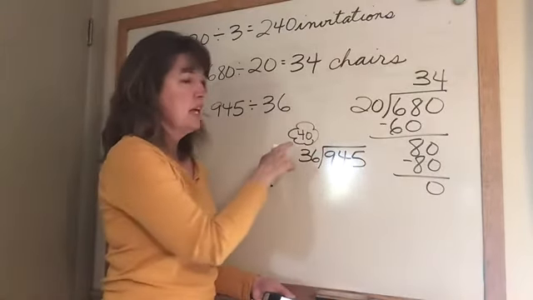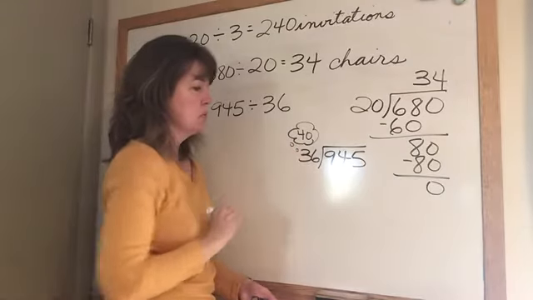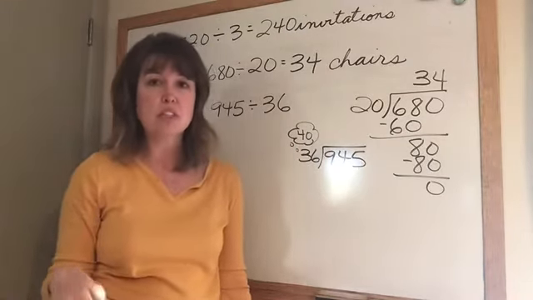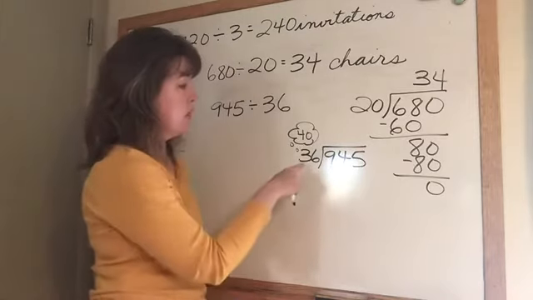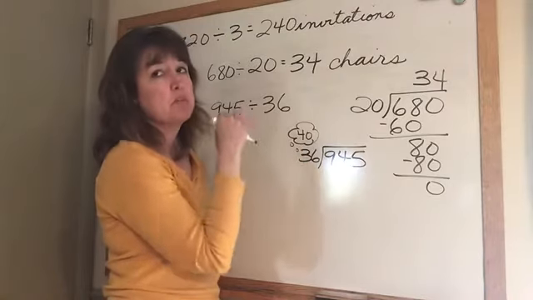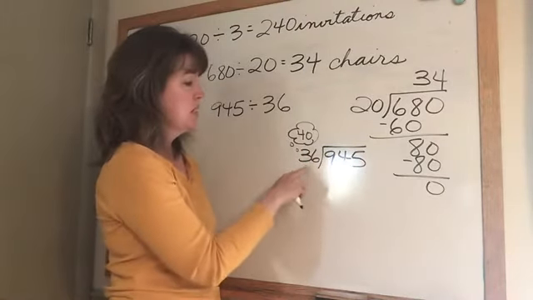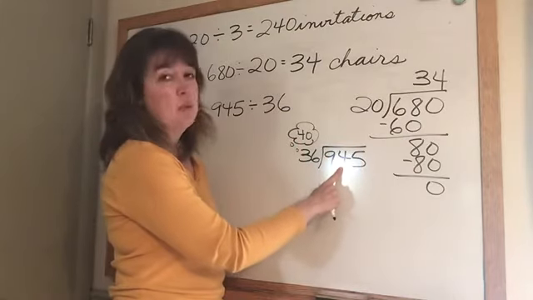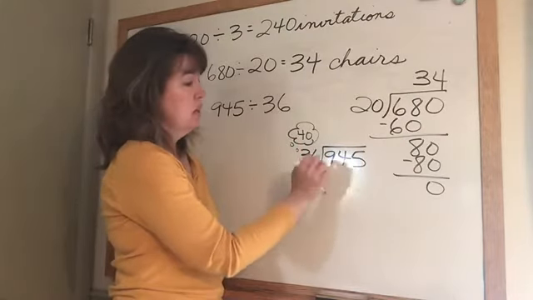That's why it's in a cloud. It's like one of those thinking bubbles. You're just thinking it. You're not really using the number. So instead of being 36, 40 is pretty close. So let's use 40 because that's easier. So 40 goes into 94 2 times.